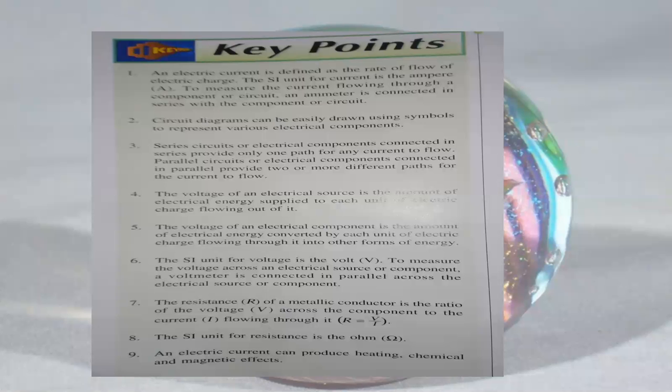Now number 9. An electric current can produce heating, chemical, and magnetic effects. I told you everything in detail. I told you that electric current produces a heating effect.